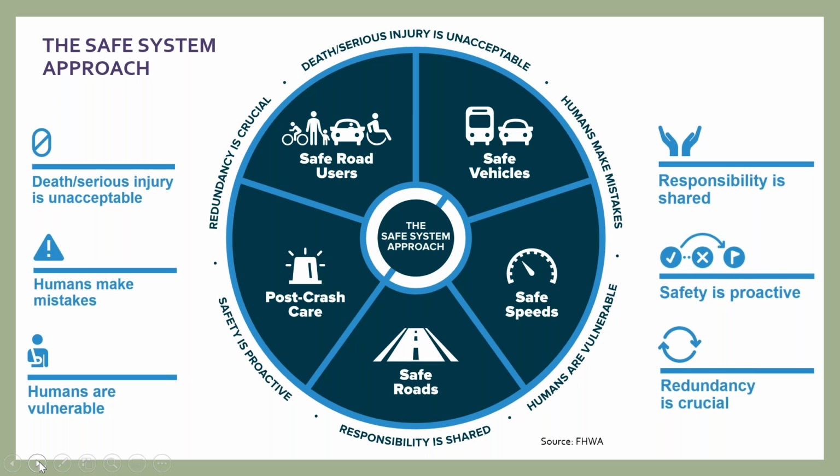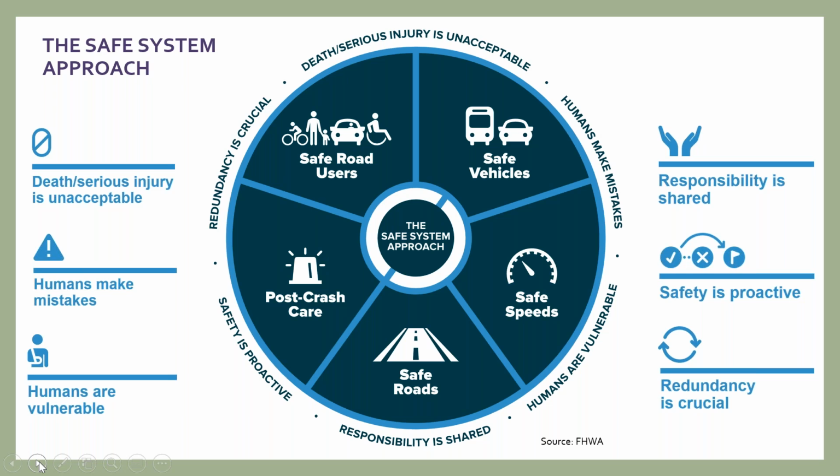And that's where this second principle comes in, that humans make mistakes. Under a safe system approach, we acknowledge that human beings, as users in the road system, whether we're drivers, pedestrians or bicyclists, we will inevitably make mistakes. Even the best of us will make mistakes.